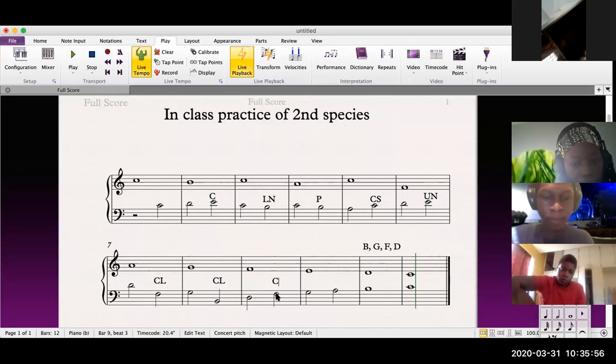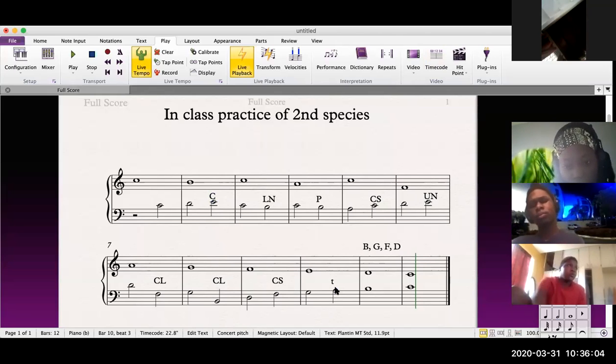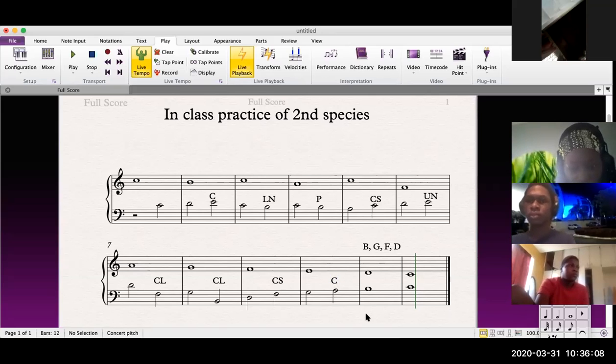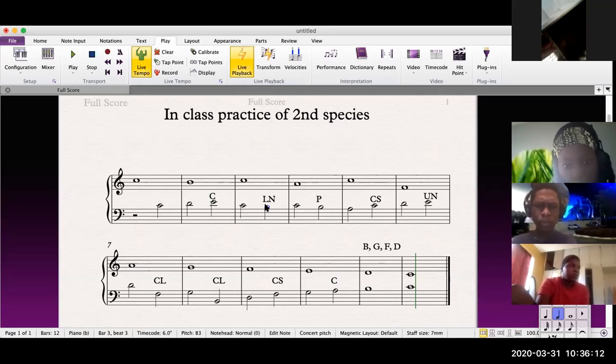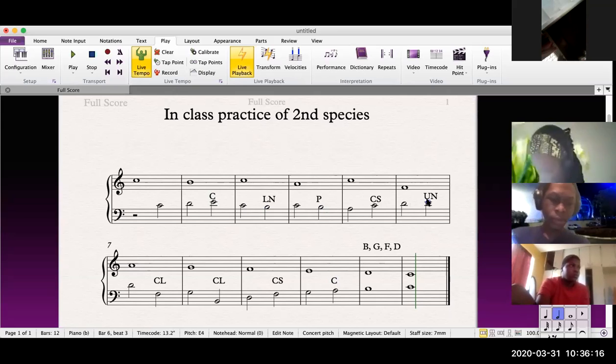This is a consonant skip. And this is a consonant as well. Consonant step, I suppose. So we've got dissonances here, here, 1, 2, 3. Got 3 dissonances. Might be nice to have a little bit more.